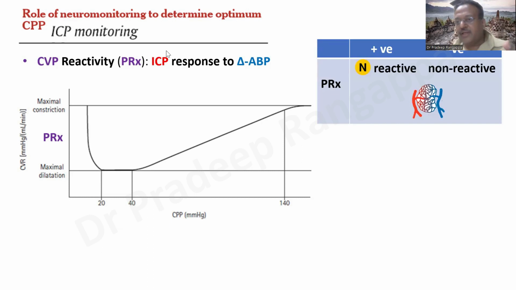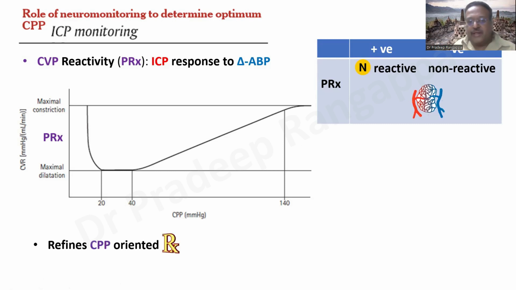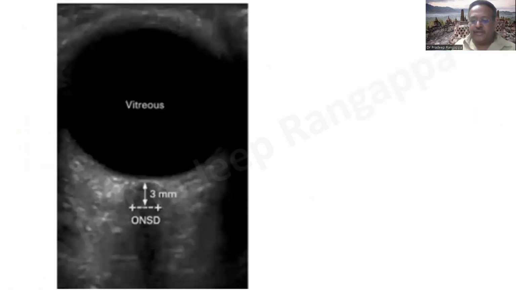At a very critical stage, they stop reacting, when it becomes non-reactive, which tells you that it is associated with irreversible damage to the brain, the vessels are no longer reacting to the changes in cerebral blood flow, and your autoregulation is impaired. That is what the derived indices from the cerebrovascular reactivity index tell you, and it refines your CPP oriented treatment.